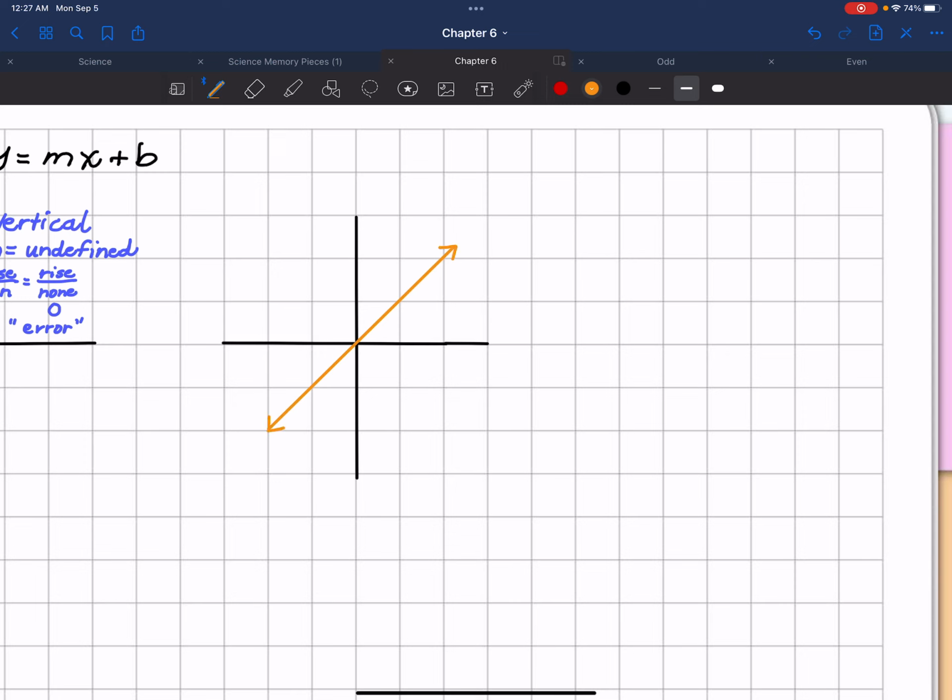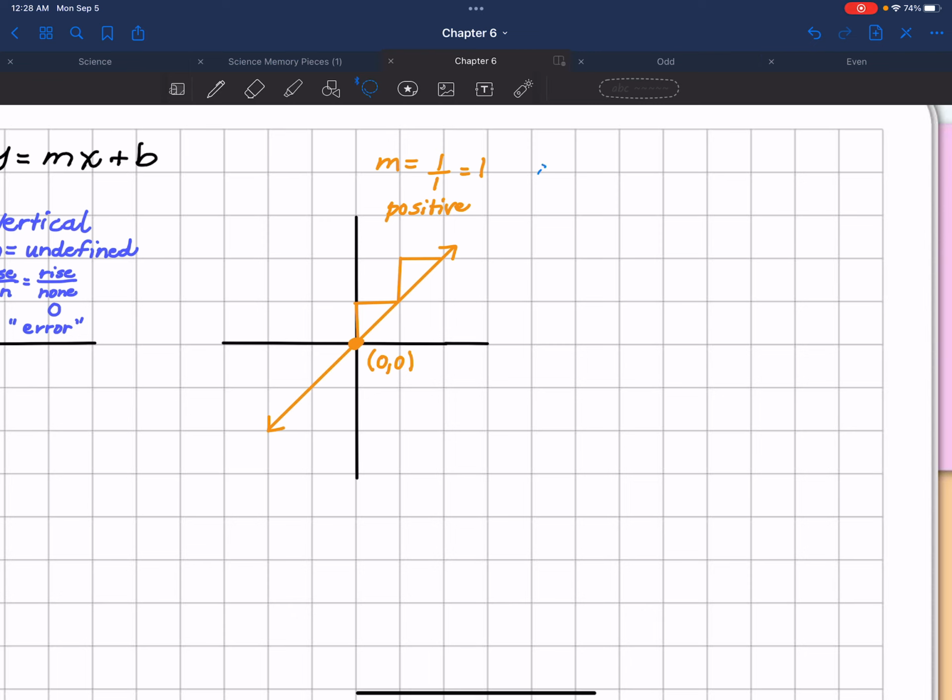Okay, and I can calculate the slope by saying rise over run. You rise one, you run one. You rise one, you run one. So the slope, rise over run, is 1 over 1, or 1. Slope is positive. And both the y and x intercepts are at 0, 0.